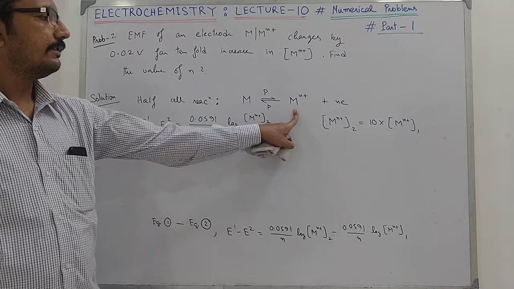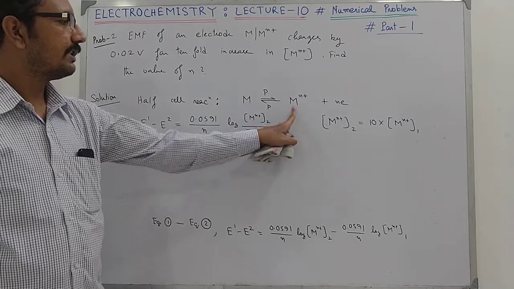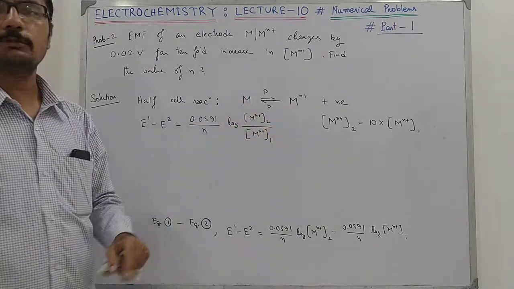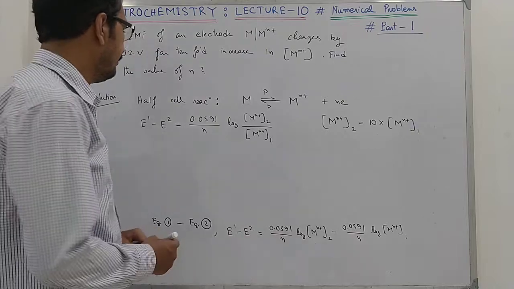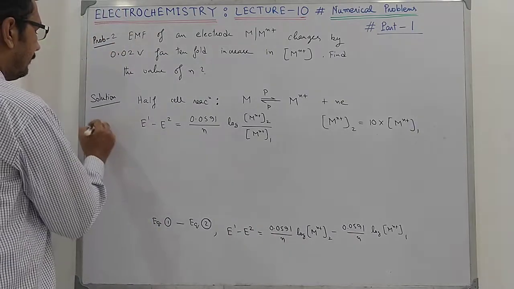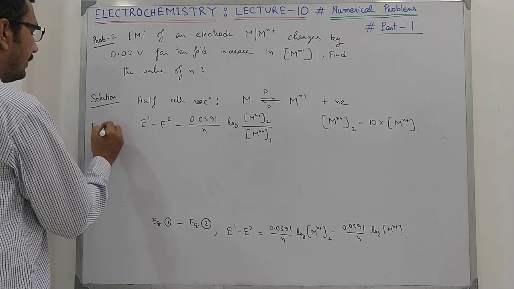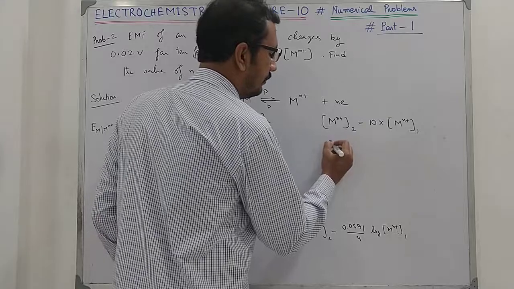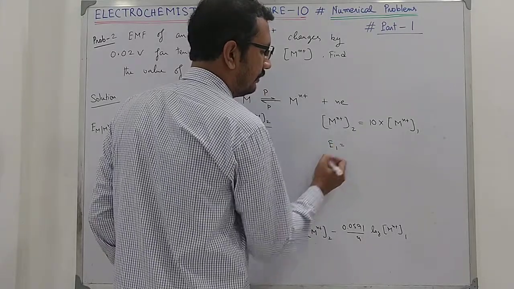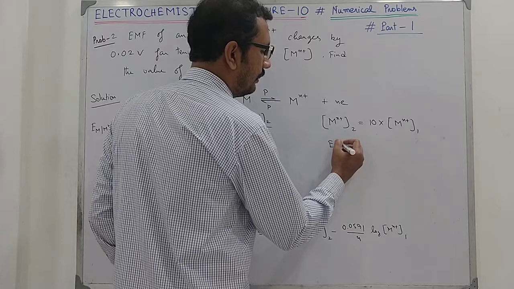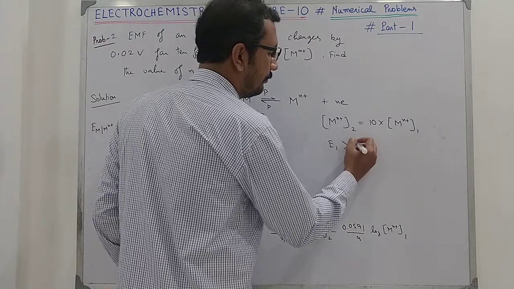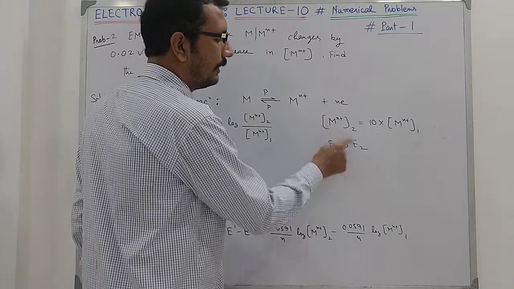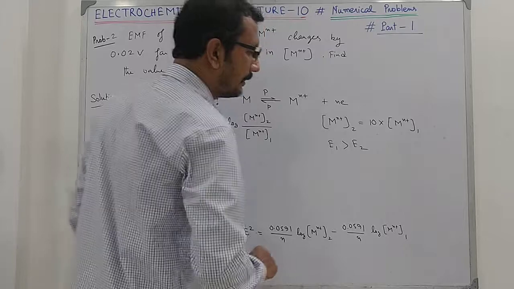Now if the concentration is increased, then the osmotic pressure will increase and the oxidation potential will decrease. We have expressed E in the form of Mn+, that is, in the form of oxidation potential, so the oxidation potential will decrease. So E1 is greater than E2. With increase in concentration, the oxidation potential decreases.